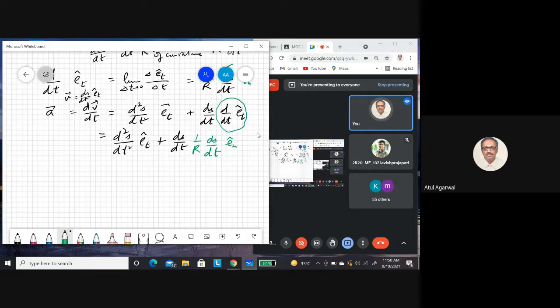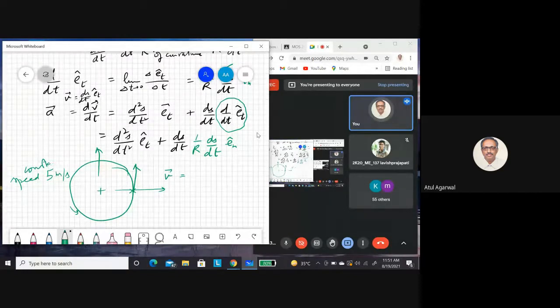For example, we take a circular motion. You have a point here. The particle is going like this in the circle. So what is its velocity at this point of time? Suppose it is going with a constant speed of 5 meters per second. You can say the velocity is 5j.